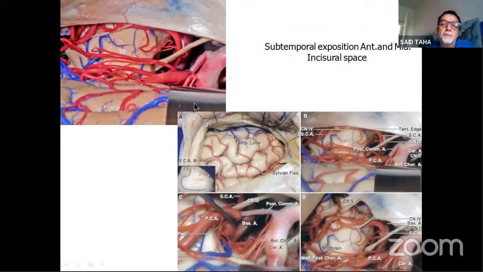We see here the carotid, the posterior cerebral artery, the third nerve, and the superior cerebellar artery, which has a short supratentorial segment and goes into the infratentorial space.